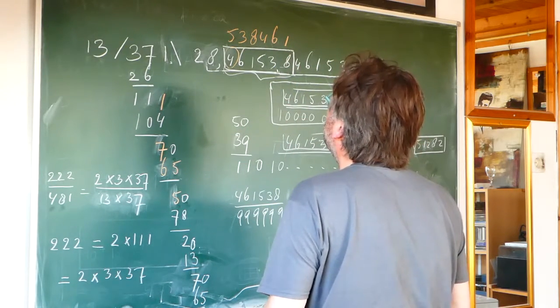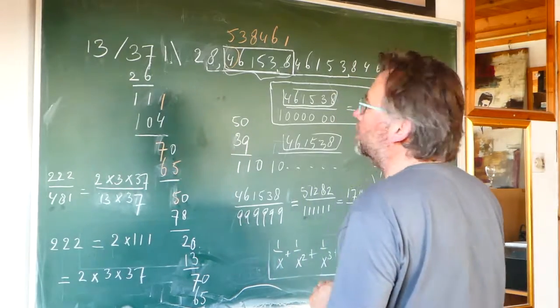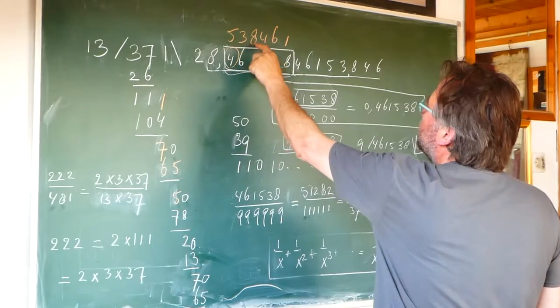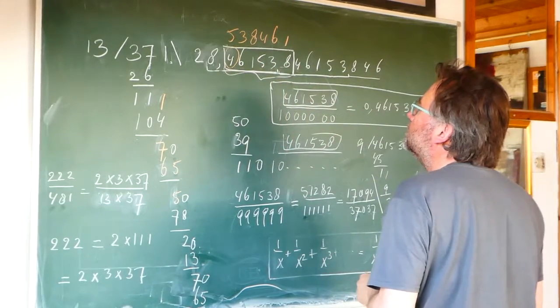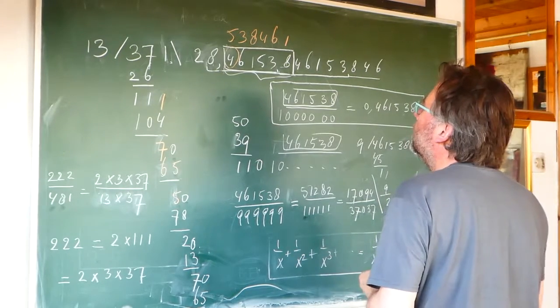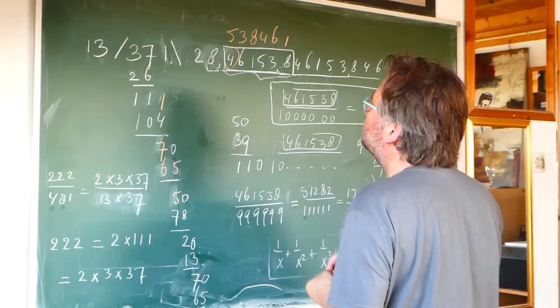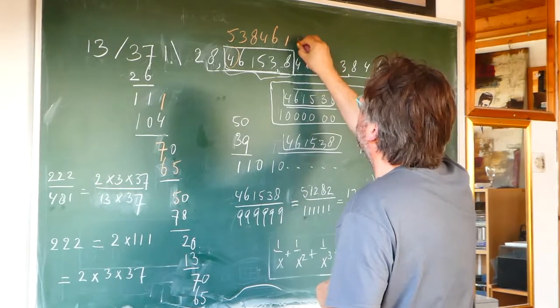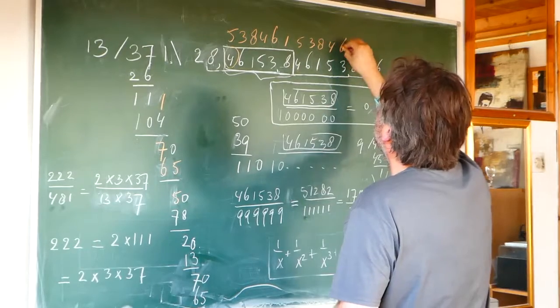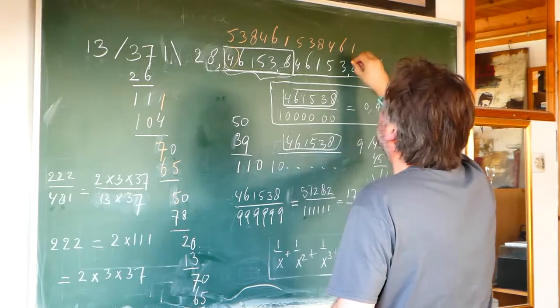So now my period is 5, 3, 8, 4, 6, 1. And then it repeats. So this is 5, 3, 8, 4, 6, 1, etc.